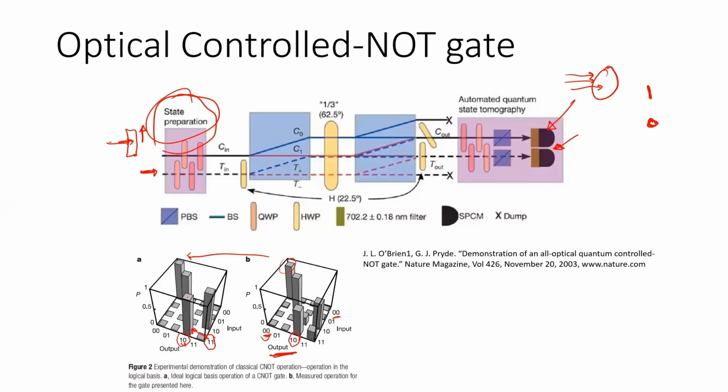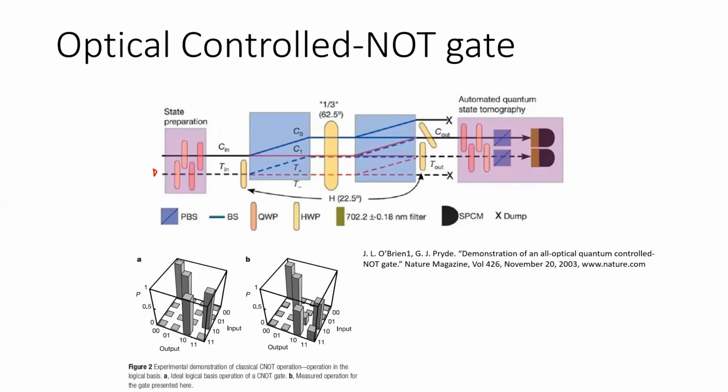So you should get 100% of this. But in reality, you get this much of this one, and you get this much of the error. But still, this is good for us, because as long as it's more than 50%, like if we got 70% by 30%, this is still good, because we know the 70% means 1 and the 30% will mean 0.